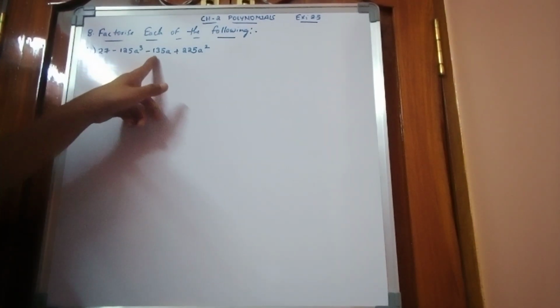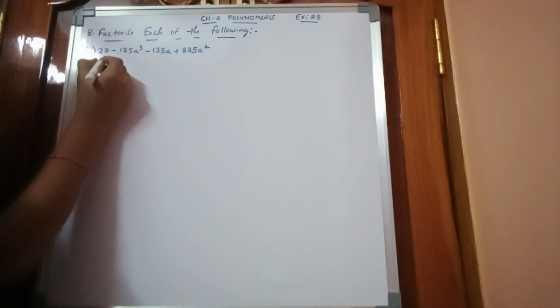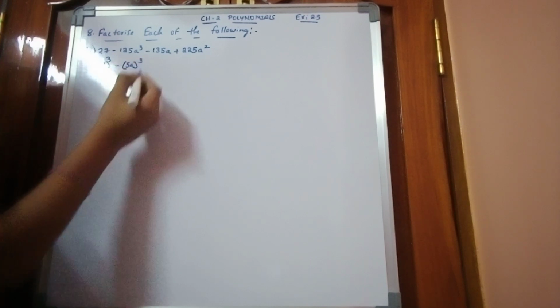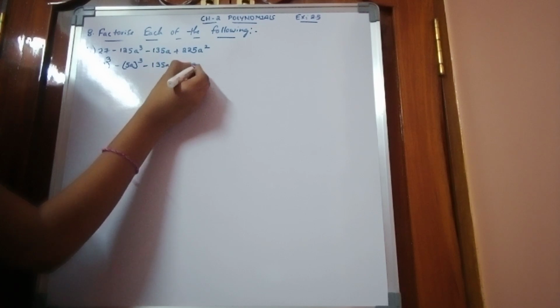Now see the third one, that is 27 minus 125a cube minus 135a plus 225a square. This third one is somewhat different from the first two sums. Now see here, 27 we can take in cube form as 3 cube, and 125 you know we can take as 5 cube, so (5a) whole cube, and minus 135a plus 225a square as it is.